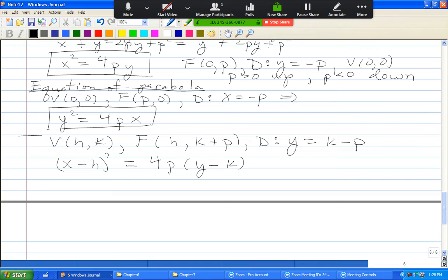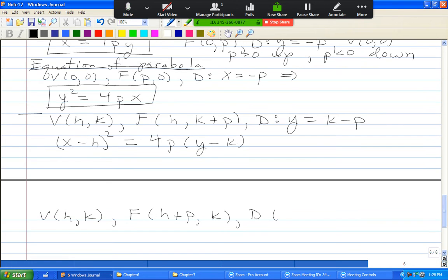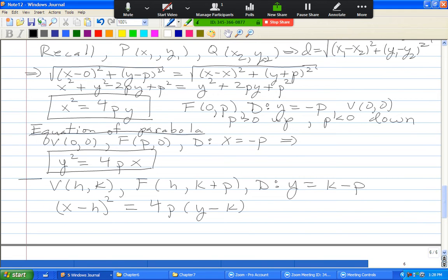And suppose you have your vertex at h, k, the focus is at h plus p, k, the directrix, and of course, I guess I should have said this.